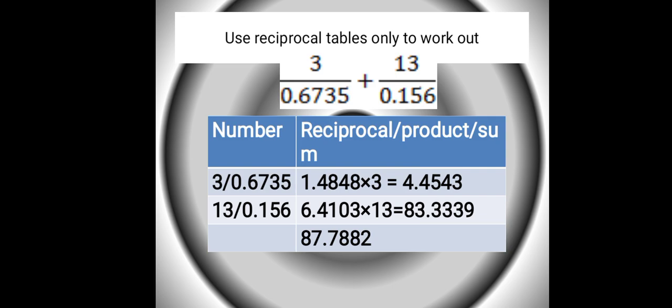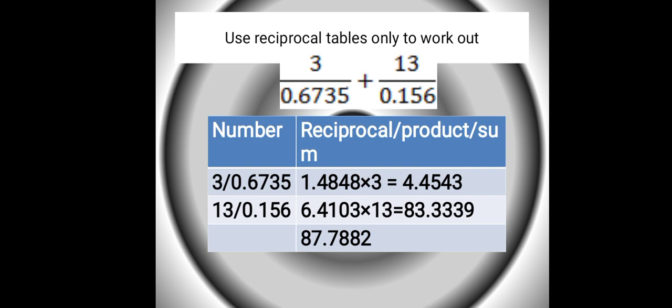Use reciprocal tables only to work out 3 all over 0.6735 plus 13 all over 0.156. Now the table below shows the reciprocal of 0.6735. It is 1.4848 multiplied by 3.